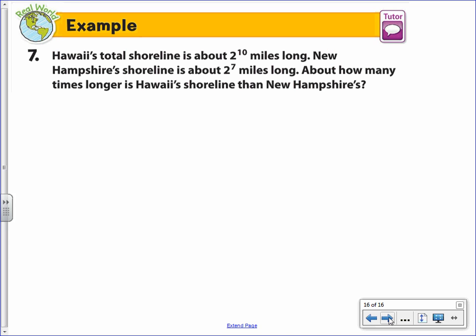Last example. Hawaii's total shoreline is about 2 to the 10th power miles long. New Hampshire's shoreline is about 2 to the 7th power miles long. My question says, about how many times longer is Hawaii's shoreline than New Hampshire's shoreline?